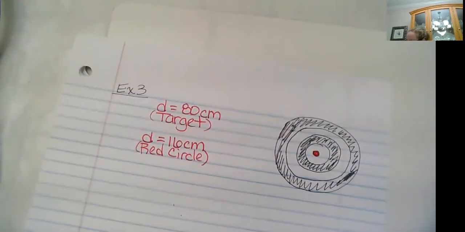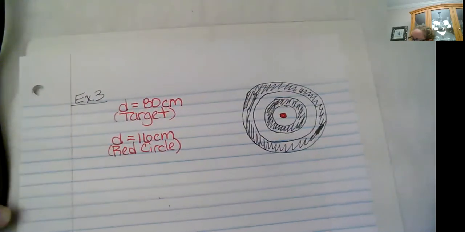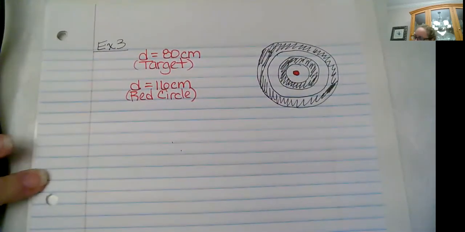So here we have our target. It's not a pretty target, but we want the probability that we hit that red target. What is the chance that we can actually hit that target?